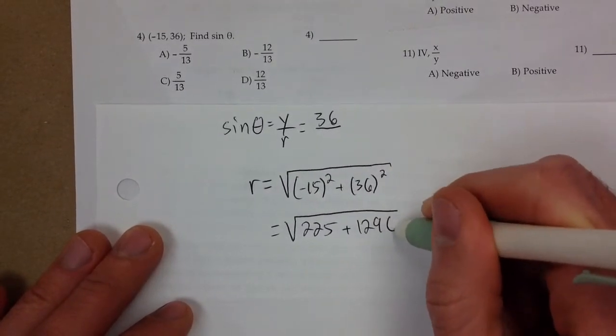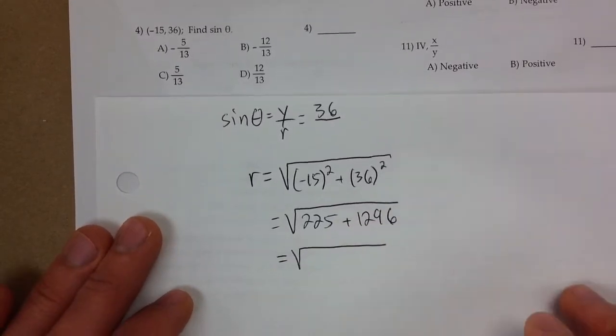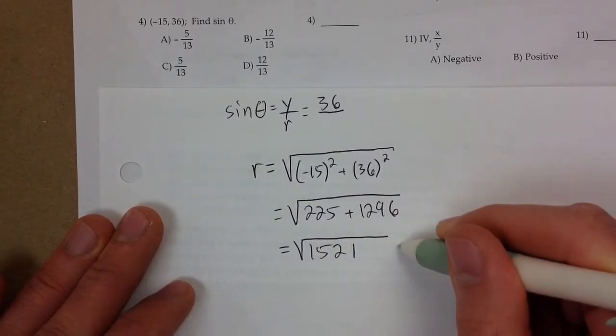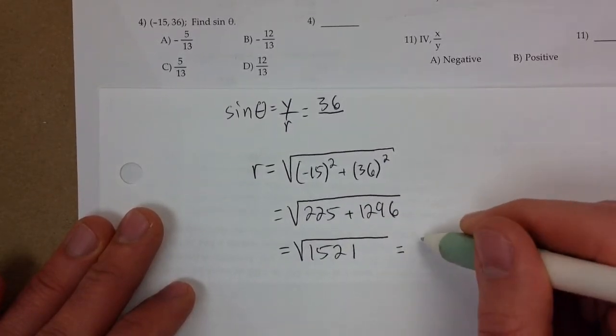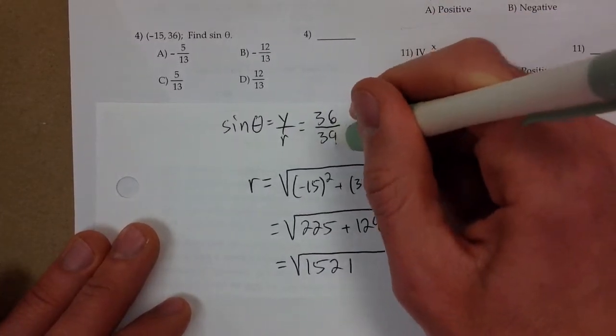Good. The sum of those two. Okay, the square root of that. Good. Yep. And then reduce.